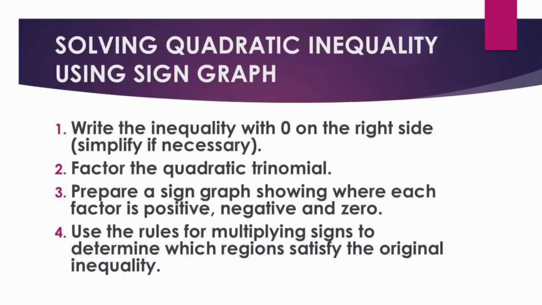Before we proceed to our next example, let us try to analyze again the processes involved in solving quadratic inequalities using sign graph. For number 1, write the inequality with 0 on the right side. You must be able to simplify it if necessary. For number 2, factor the quadratic trinomial found on the left side.